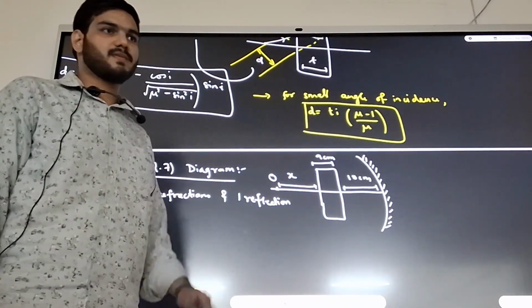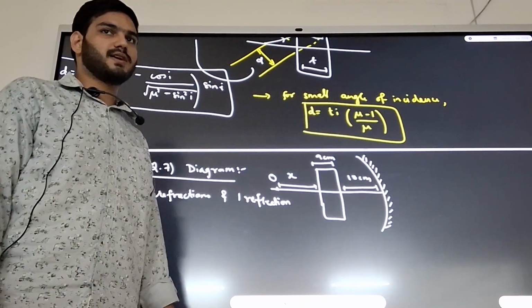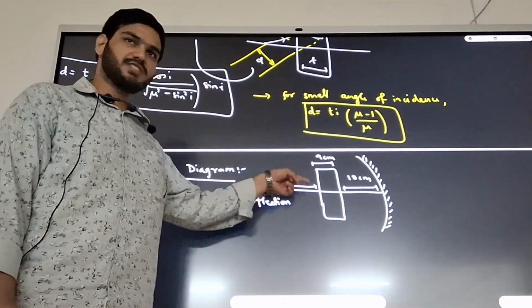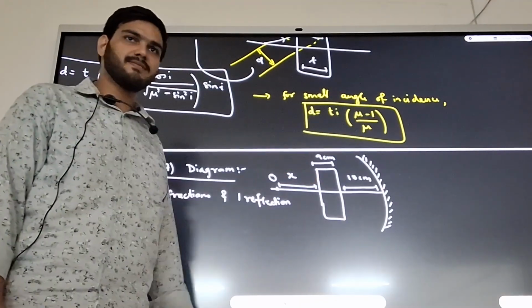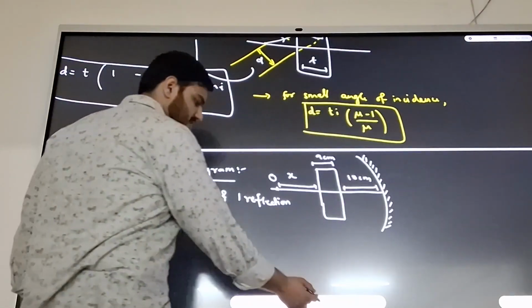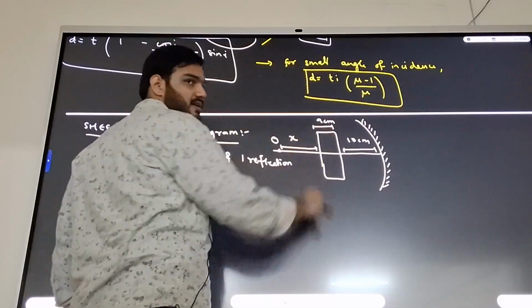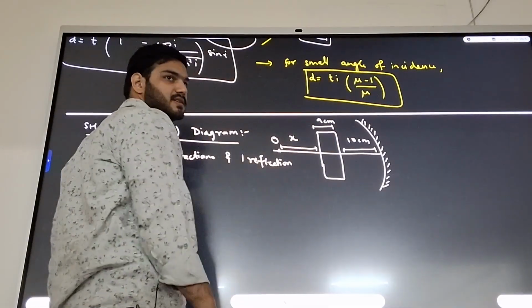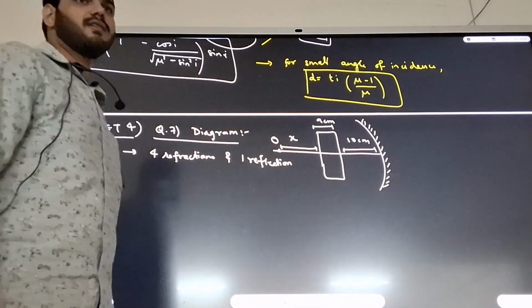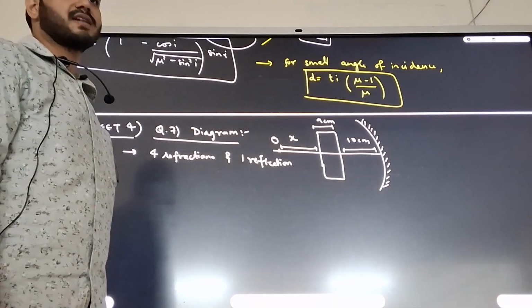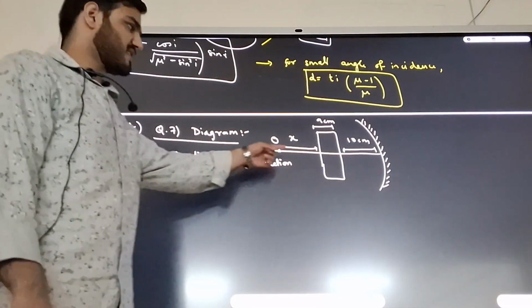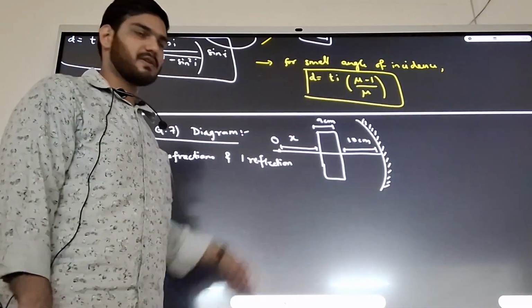Very simple. But now you should understand, due to all these shifts, there will be shifts, right? Let me ask you this. There will be a shift when the ray is going from here to there, due to a real object. Real object, the shift will be towards the mirror or away from the slab? Towards the slab, right? Towards the slab there will be a shift.